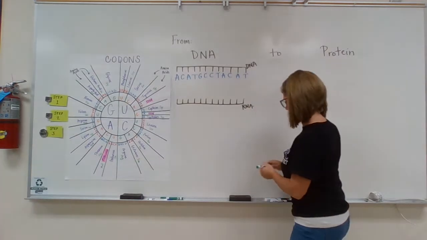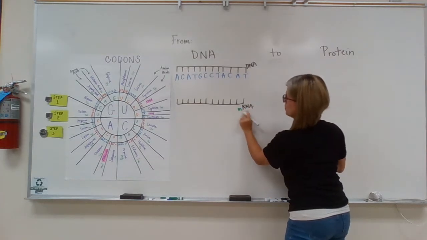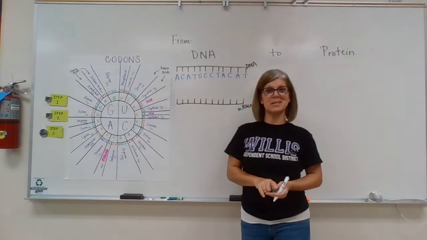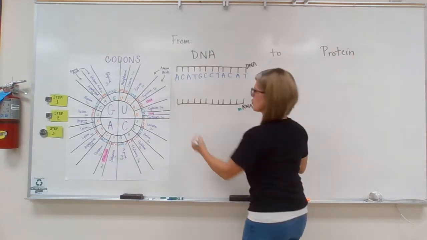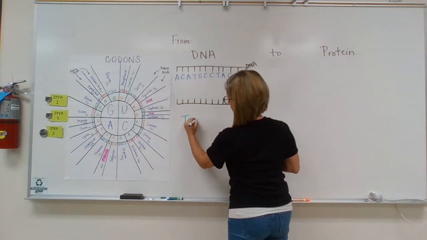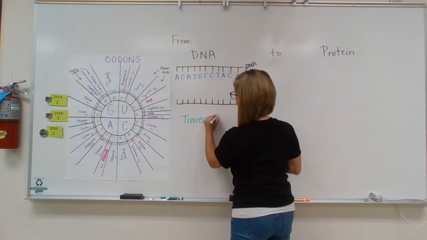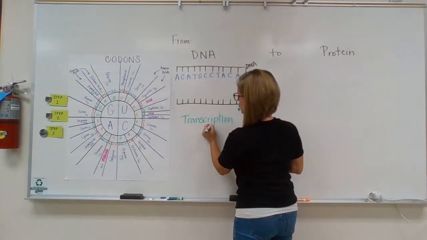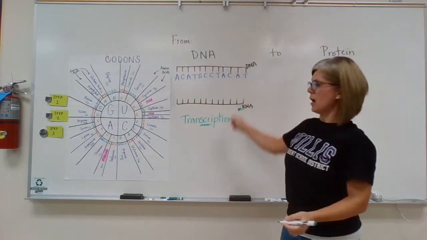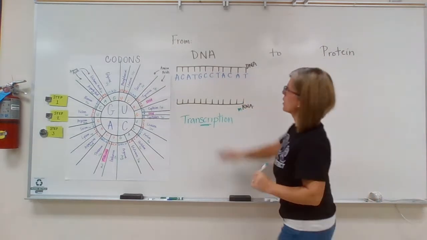This is where our little, and I'm going to put the M here, our messenger RNA comes in. This is the process of transcription. We are literally writing, we're scribing our RNA strand now.